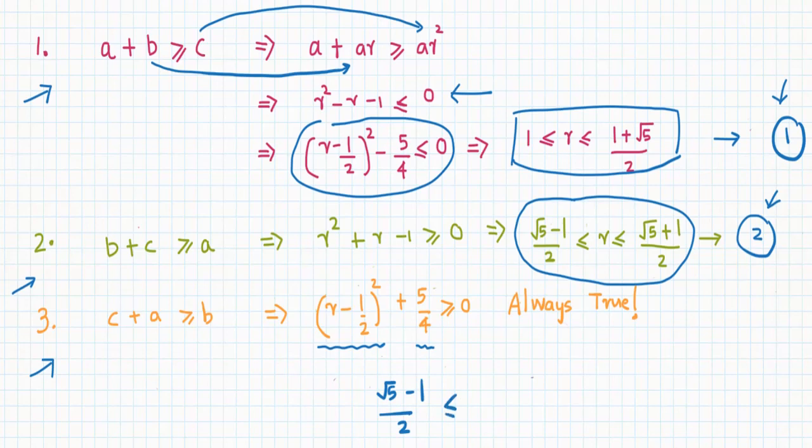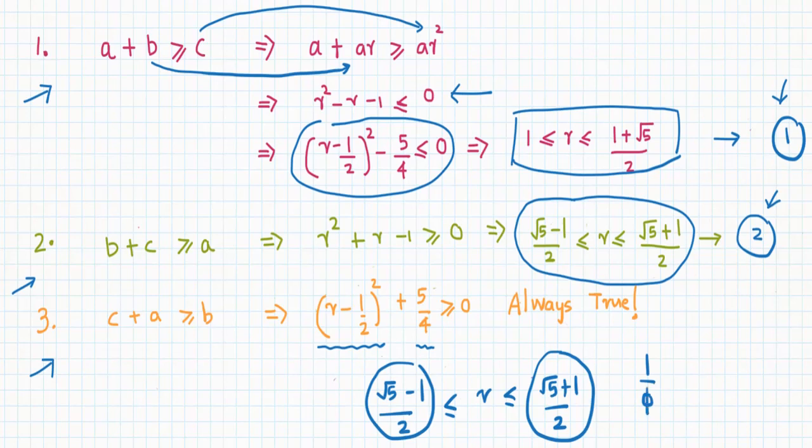R must lie between (root 5 minus 1) by 2 and (root 5 plus 1) by 2. Note that (root 5 minus 1) by 2 is actually the reciprocal of (root 5 plus 1) by 2. In other words, we must have R greater than or equal to 1 by phi and less than or equal to phi. When R satisfies these conditions, the sides can form a geometric progression.